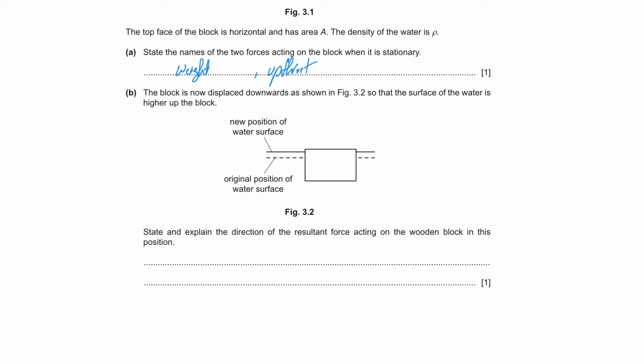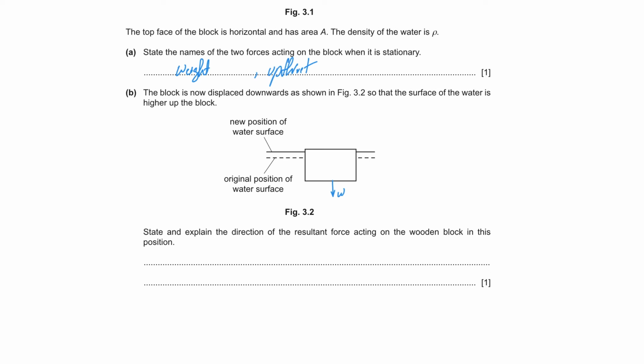Now, in this position, what happens is the weight of the block remains unchanged. It still has the same magnitude. But because it's now submerged to a greater depth, or it's deeper inside the water, the upthrust increases.